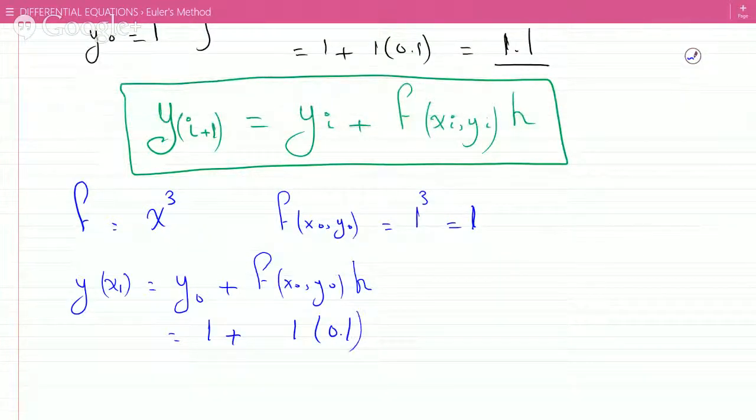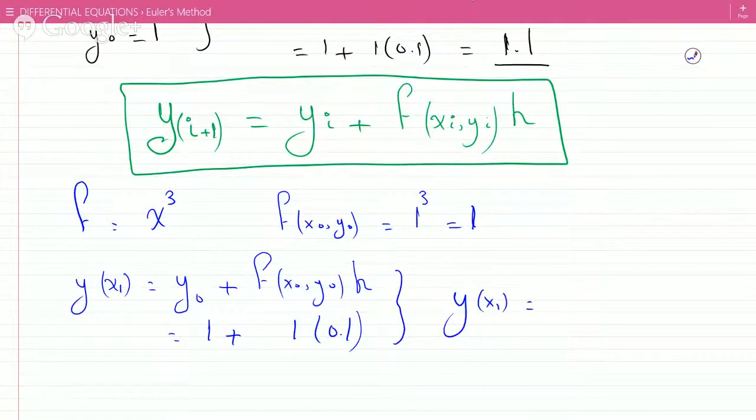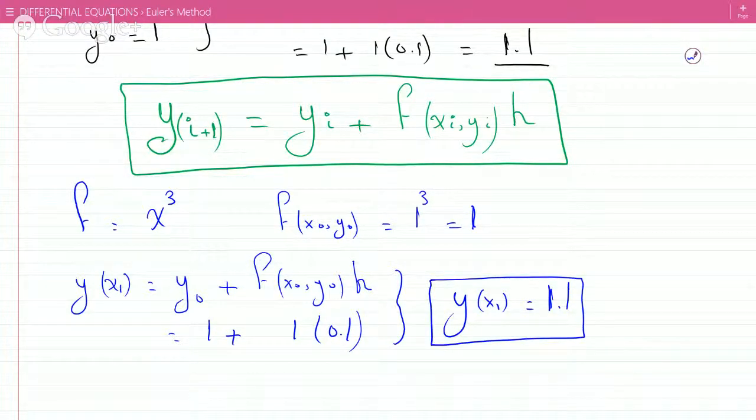So this is 0.1 plus 1 is 1.1. So that means y of x1 equals 1.1. Okay? So anytime you are finding x1, those points will lag by 1 here. All of them.